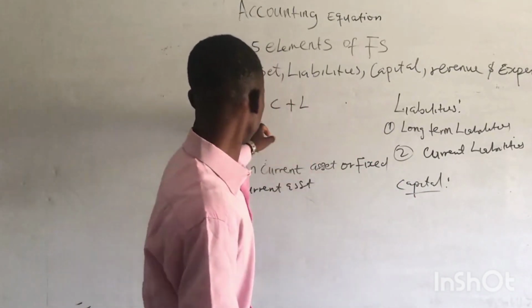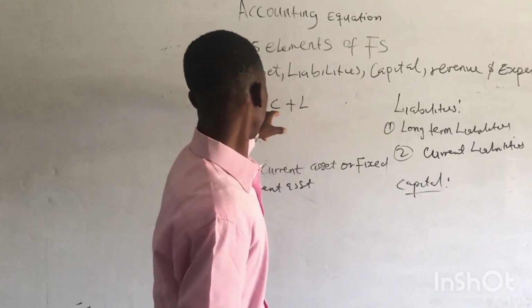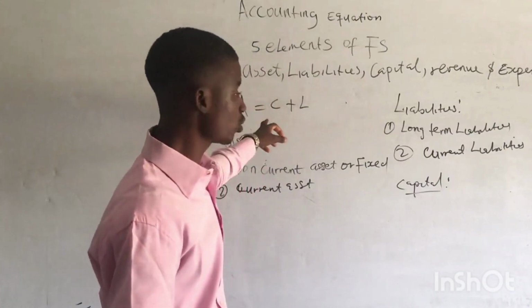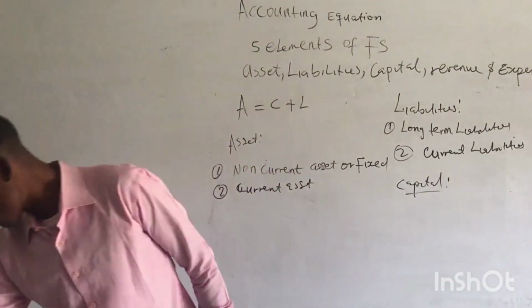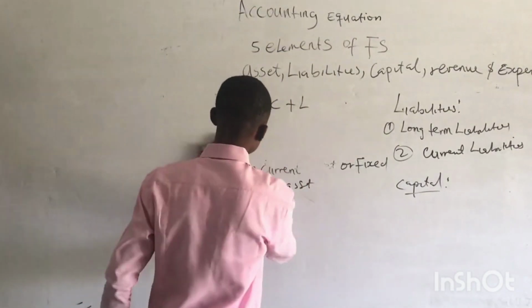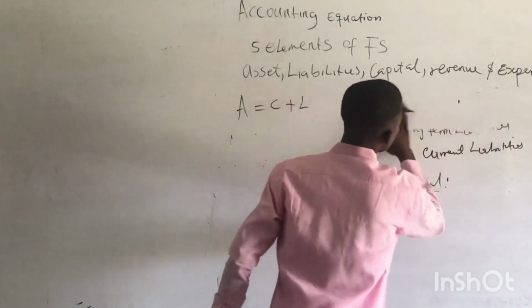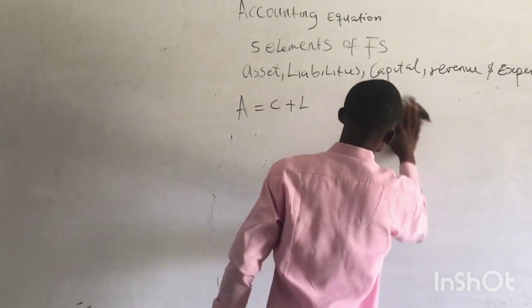Now, having looked at the meaning of these concepts, let's see how true it is that the asset of a business is supposed and ought to always be equal to capital plus liability. So now, we want to talk about the mathematical relationship between these concepts.